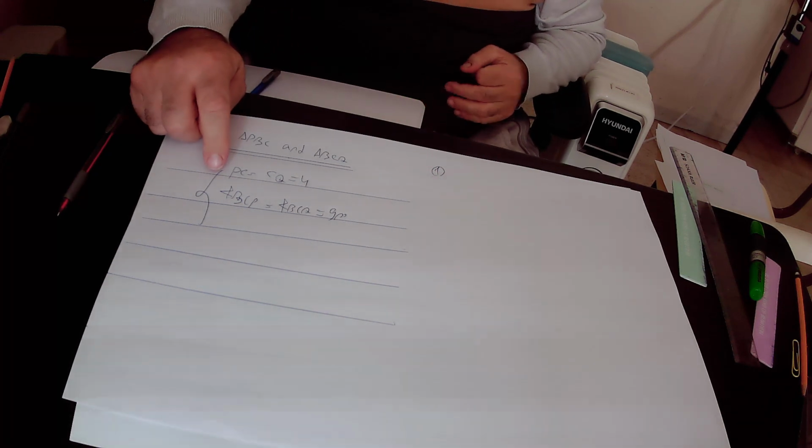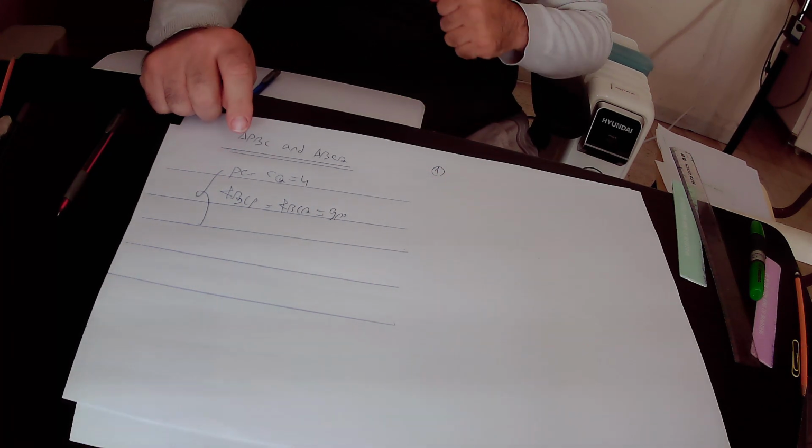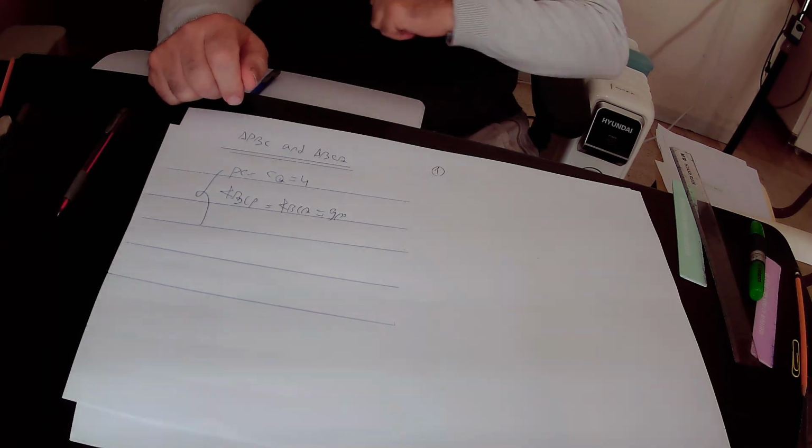Angle BCP on the right triangle PBC equals angle BCQ on the right triangle BCQ. They are both equal to 90 degrees, and therefore they are equal to each other.